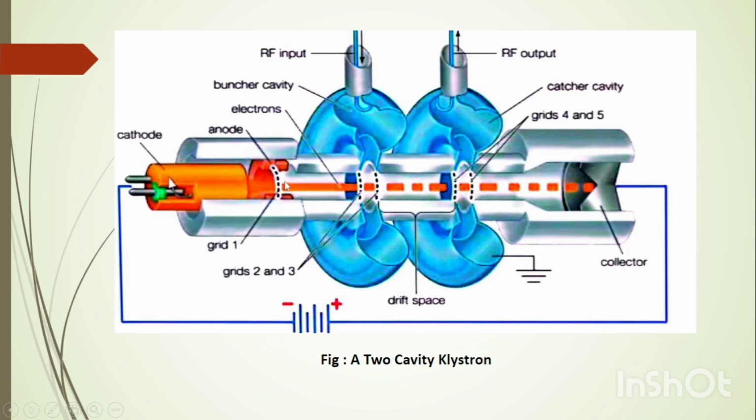The first grid at the electron gun controls electron emission and beam focus, and grids 2 and 3 at the buncher cavity basically assist in velocity modulation to enhance RF field interaction with electrons. And grids 4 and 5 at the catcher cavity maximize energy transfer.